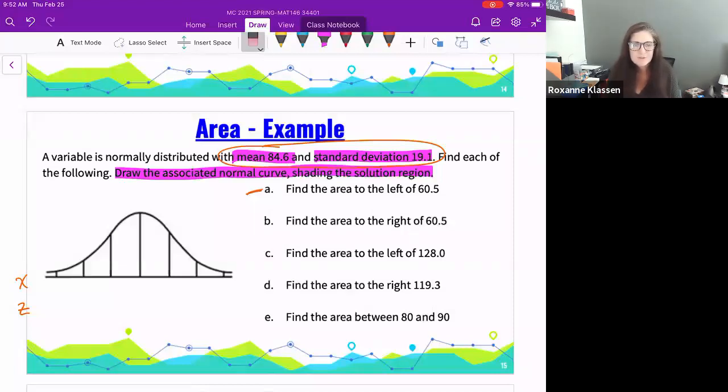All right, do you have them all labeled? You didn't do all of the problems yet, but at least you have them all labeled.